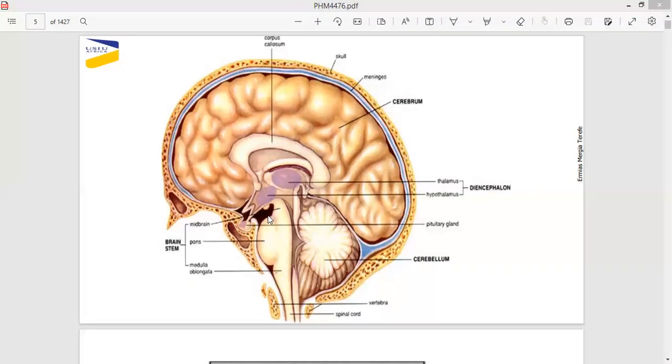From the midbrain we get our hypothalamus, and following it down, you get your pituitary gland. Hypo means below or inferior to, so above the hypothalamus we have the thalamus. From the thalamus, information will now go to the cerebrum.